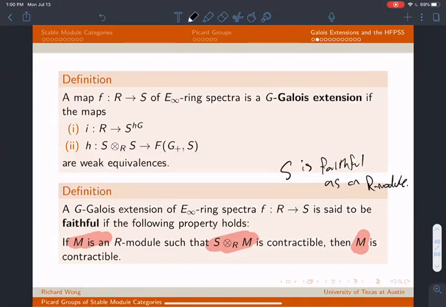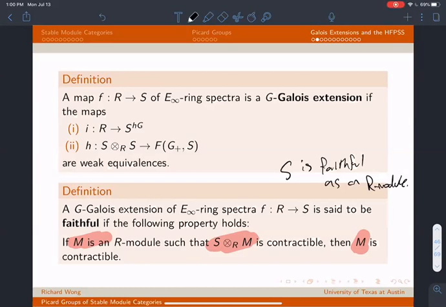Okay, thanks. Can I ask too? At the end you said the words almost faithful. Does this word have some exact meaning, or is it some intuition?